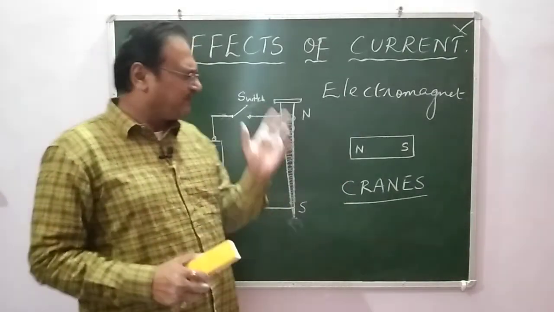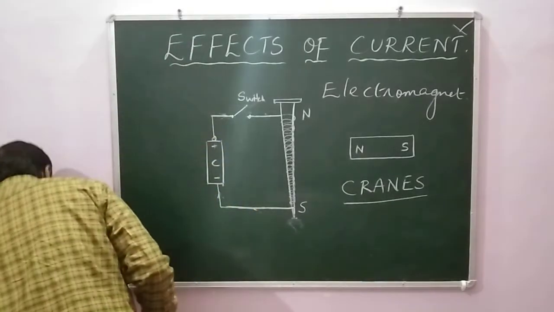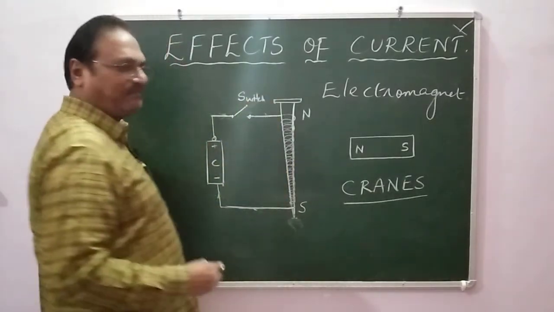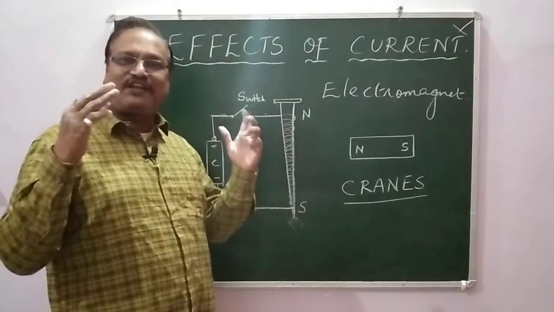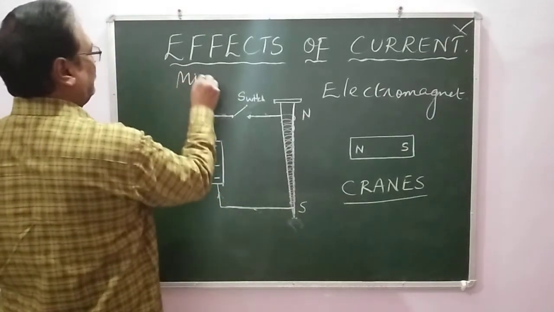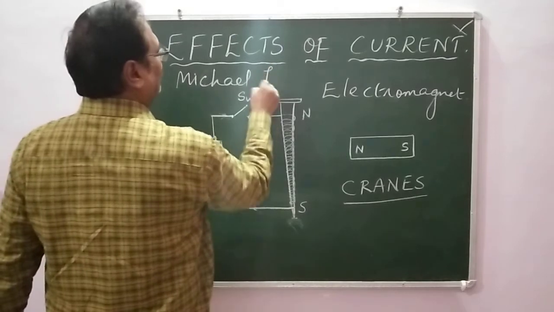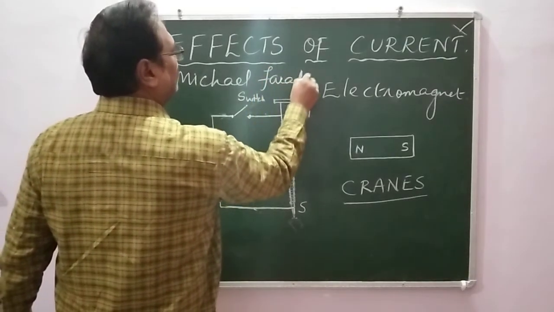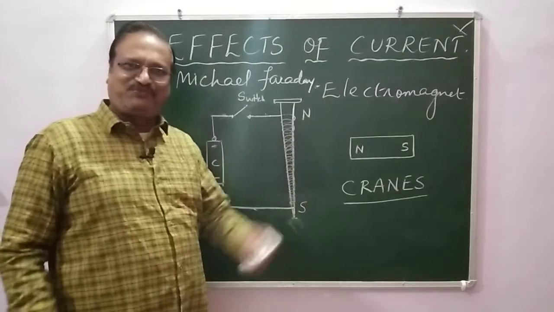Okay, so these are the basic things you should learn. And whenever we learn about electricity, you should remember a great scientist, and his name is Michael Faraday. I will tell you something about Michael Faraday in the next video.